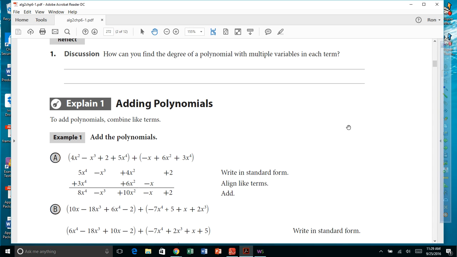Well, do like we did just on the other page.